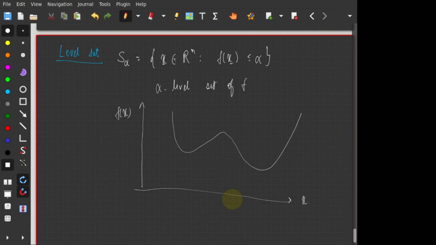And so I pick a particular alpha, this is my alpha. Then you look at the set of all points x for which f of x is less than or equal to alpha, which in this case is this particular interval. This is my S alpha.